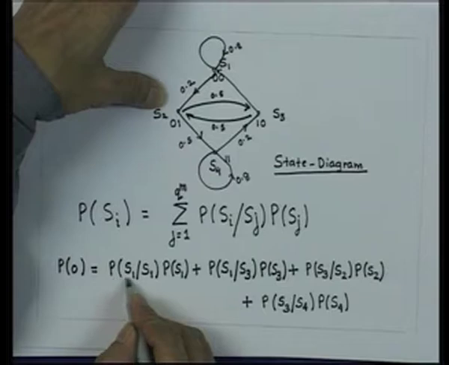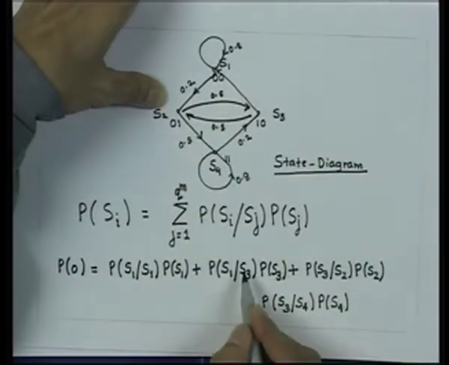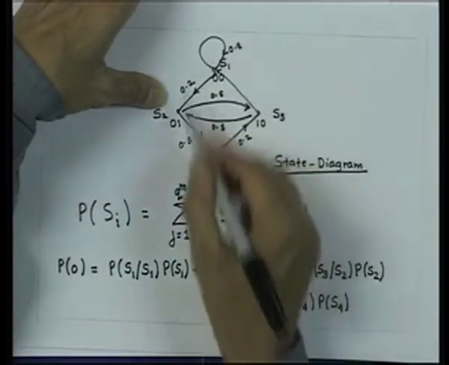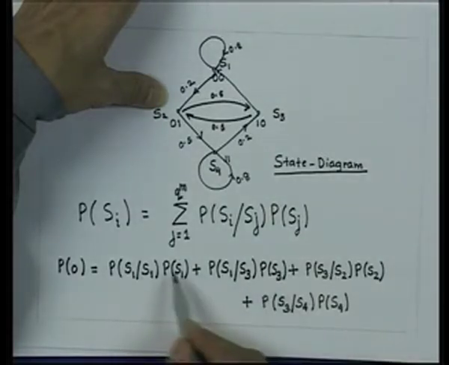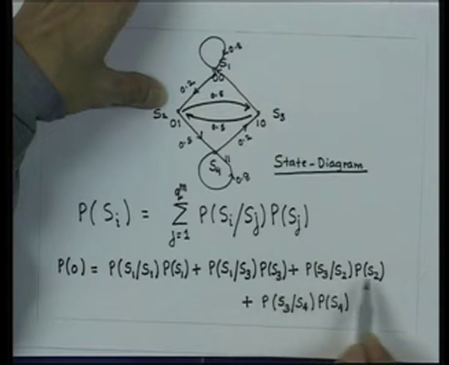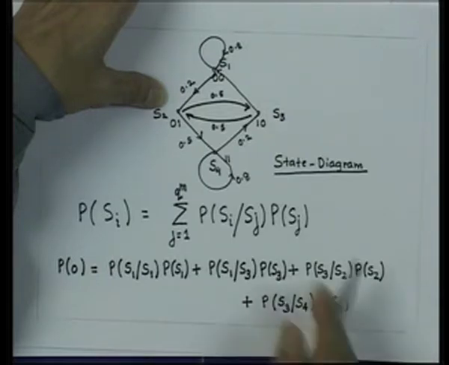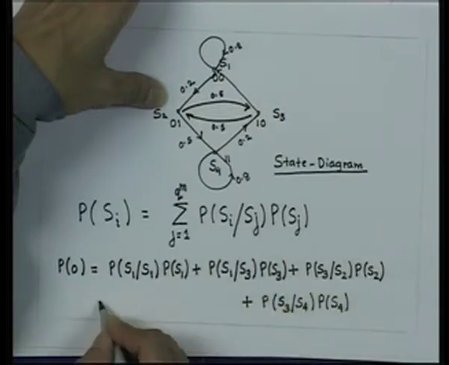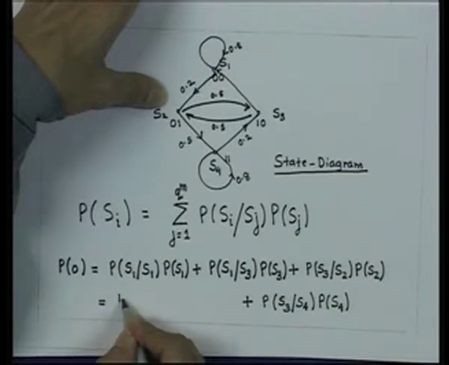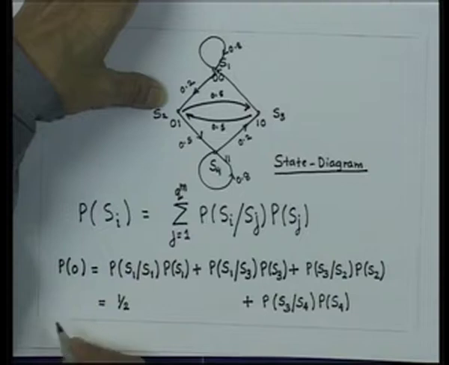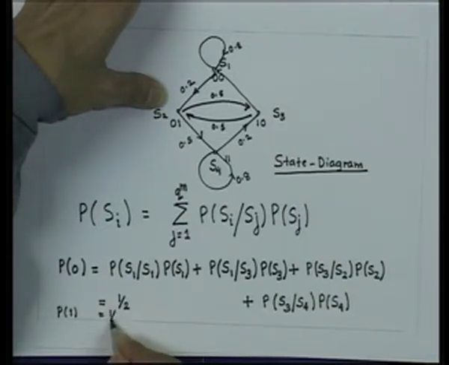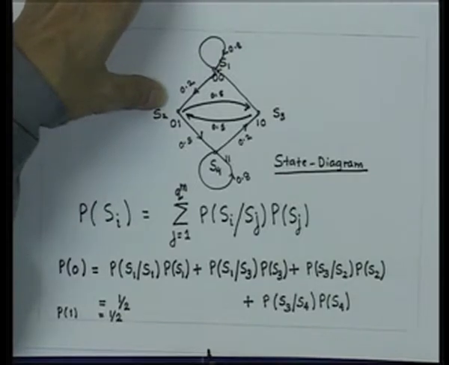Now, if I know all these values, this is 0.8, which is given in the state diagram, and we have already calculated the probabilities PS1, PS2, PS3 and PS4. If you plug in all those values, you will get the probability of 0 equal to half. Similarly, you can calculate the probability of 1 is equal to half.